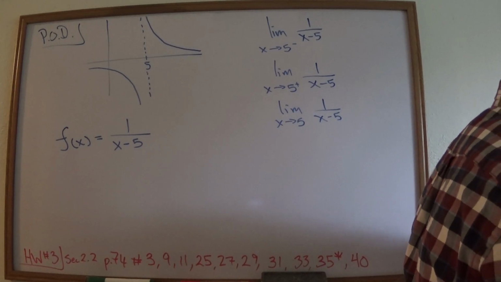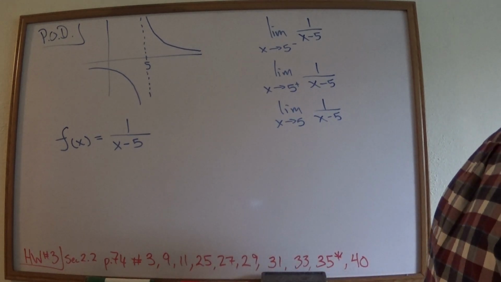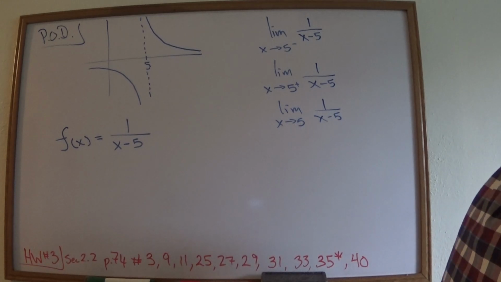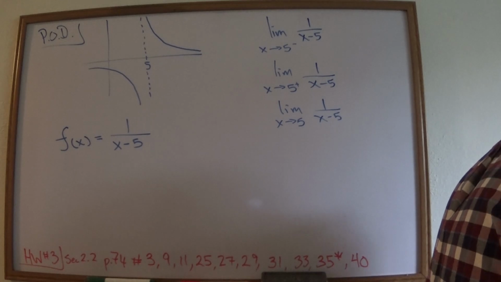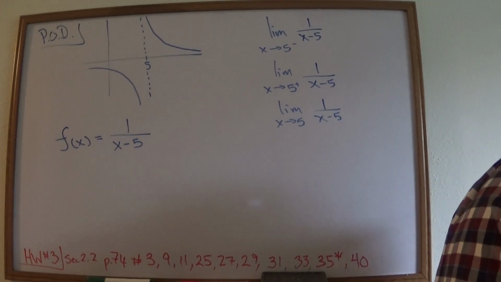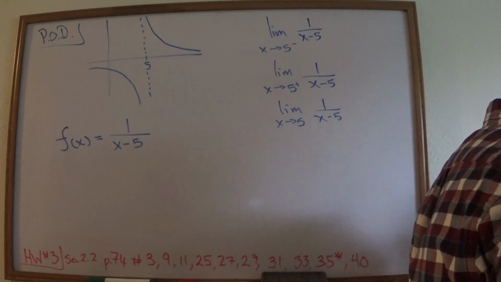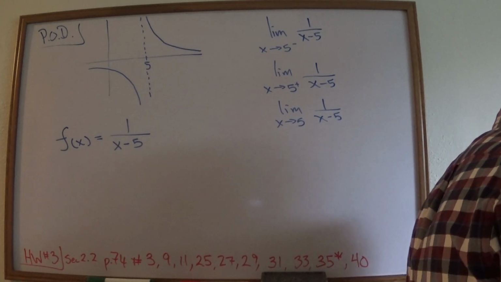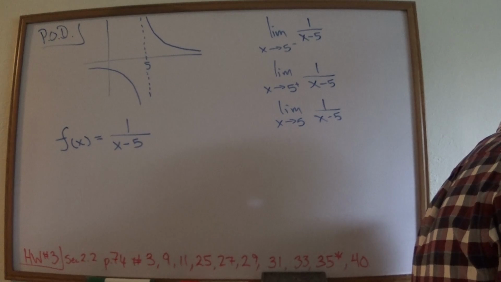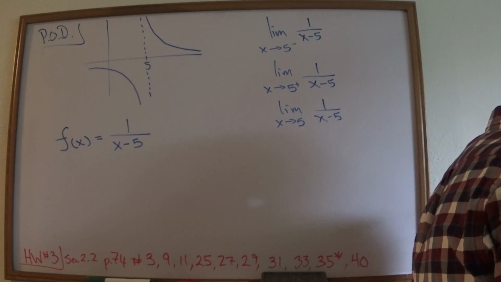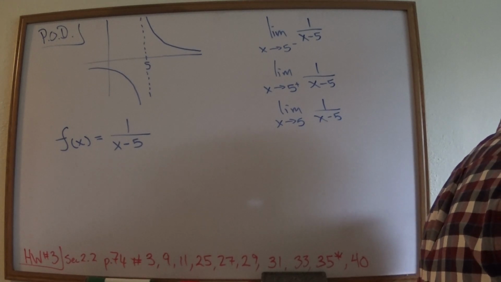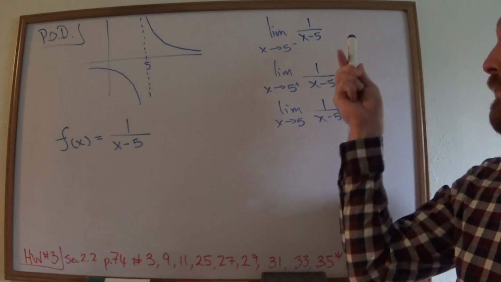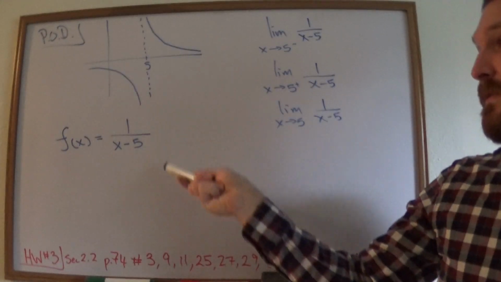The definition I put up on the board last time said, we write limit as x approaches a of f of x equals L, if we can make the values of f of x arbitrarily close to L. There is no number you could write here that you could get arbitrarily close to by getting close to 5.